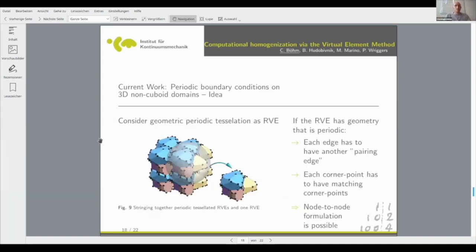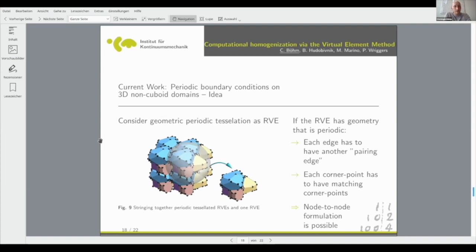What we can do with them, and this is two things, is we can treat non-cuboid domains. As you see here, the domain itself is periodic, which is the assumption of an RVE basically. So put these RVEs many times together and you will observe the macroscopic structure.